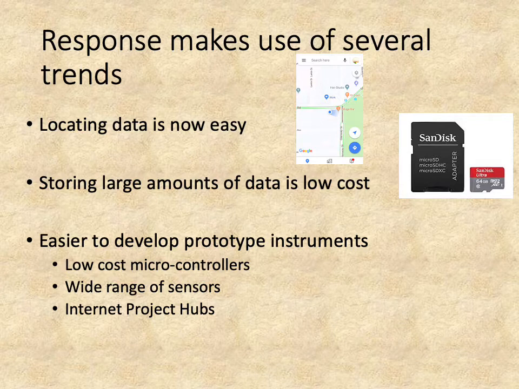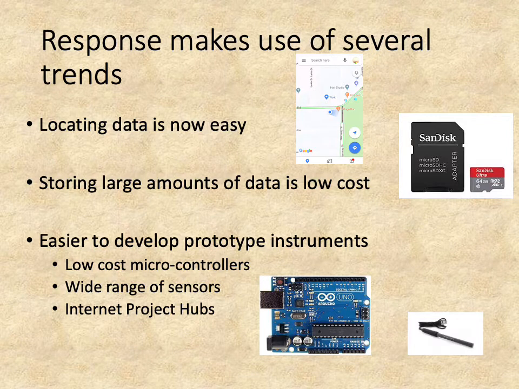Storing large amounts of data is low cost. 10,000 text lines of data is trivial, and you can barely find that on a 32 gigabyte micro SD card. It's nice to have one of these adapters, because these little cards are almost too small and easy to lose. The other thing is we can develop prototype instrumentation.